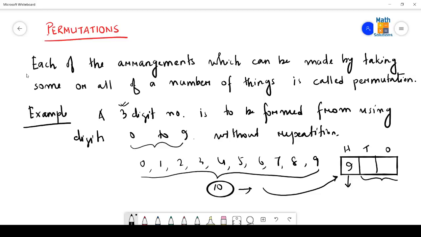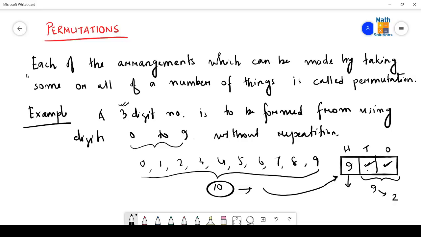From the remaining 9 options, I shall be choosing 2 digits. Any one of these 9 options I can use for the tens place, and then from the remaining 8 options I can use any one for the ones place.